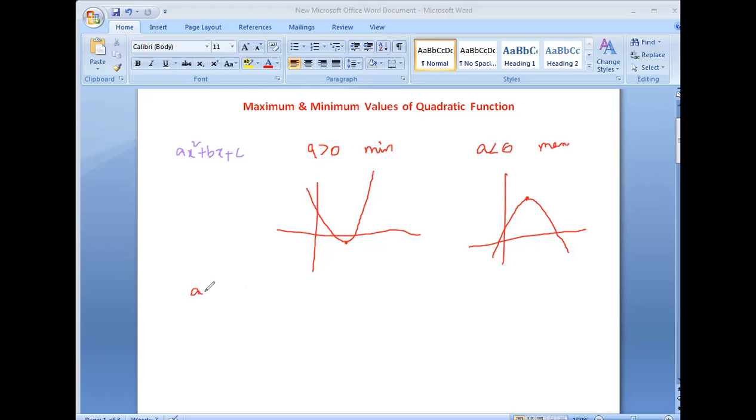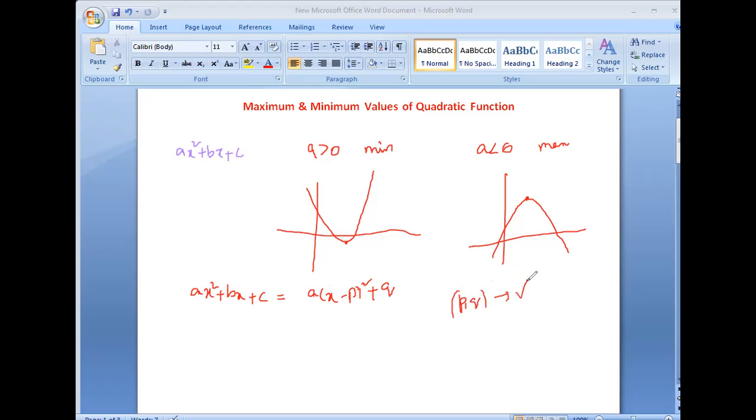Now, if ax square plus bx plus c is given, suppose I convert it into the form of a into x minus b whole square plus q. That is how you find the maximum and minimum point: by converting the expression into the form a into x minus b whole square plus q, where b comma q is the vertex.